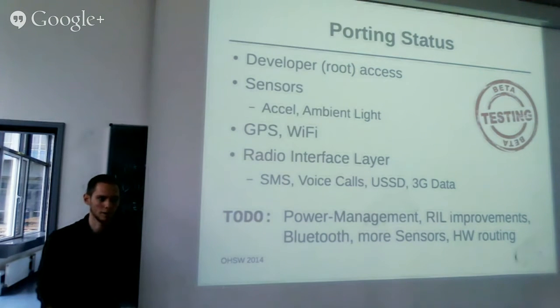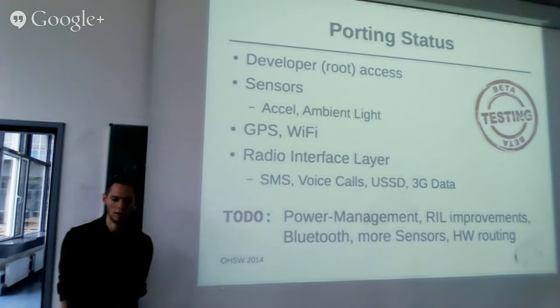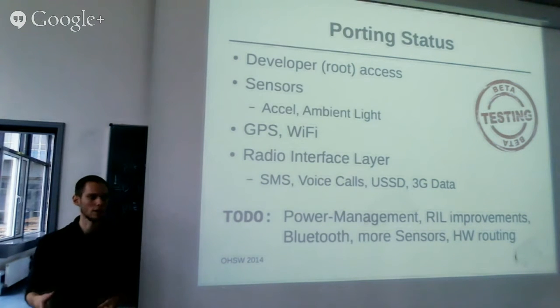So it always uses a lot of power as soon as you enable Wi-Fi, and it will drain the battery very fast. And there are other spots in the kernel where the drivers can be improved in regard to power management. So this is one big step. To make it really usable as a daily phone, you want to reach maybe 2 days of usage. And we have to work on that one.